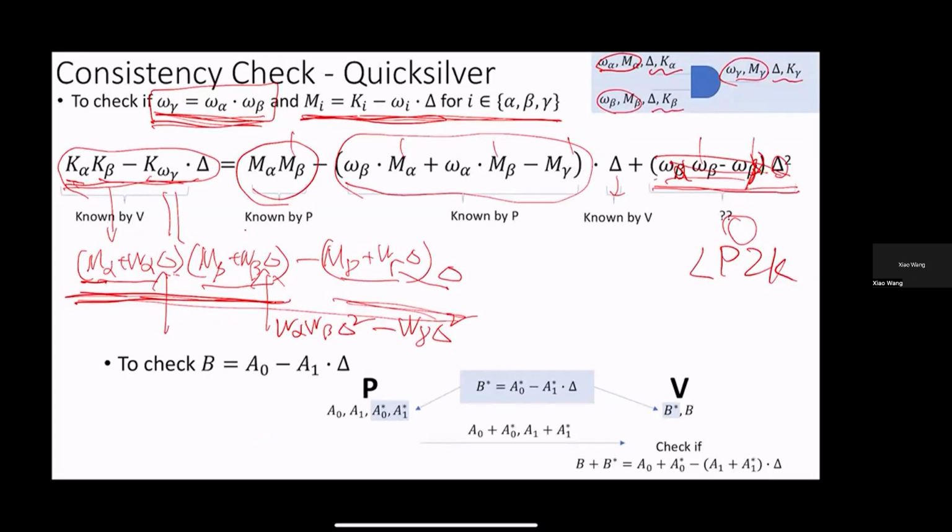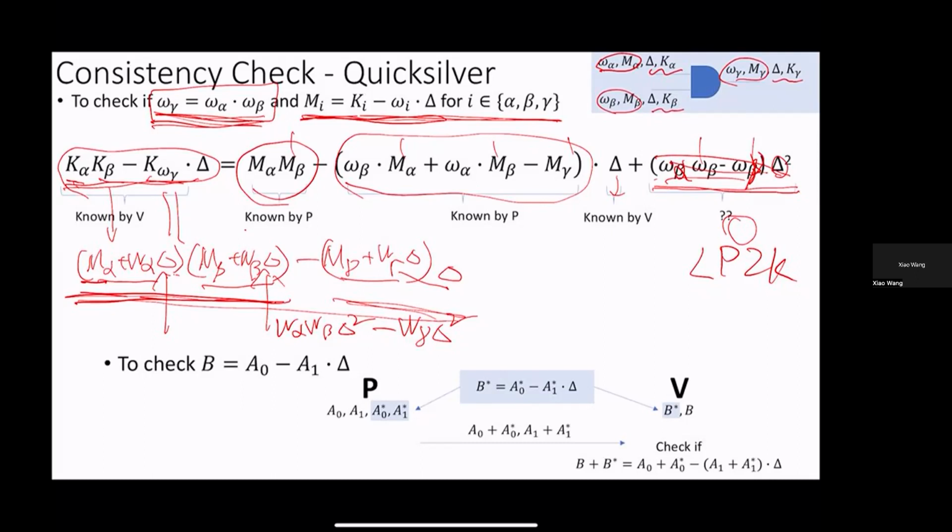How to check the degree of the polynomial? We can first construct a random linear equation which is of degree 1, and then output the summation of the relationship that we want to check and the random linear equation that we come up with.